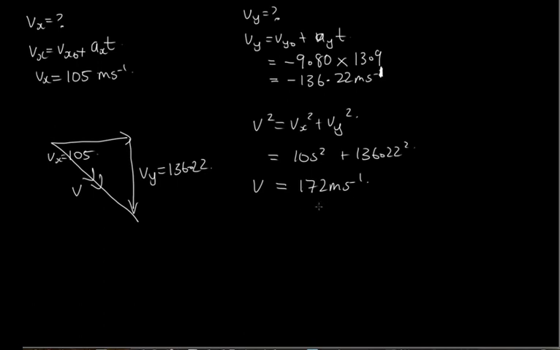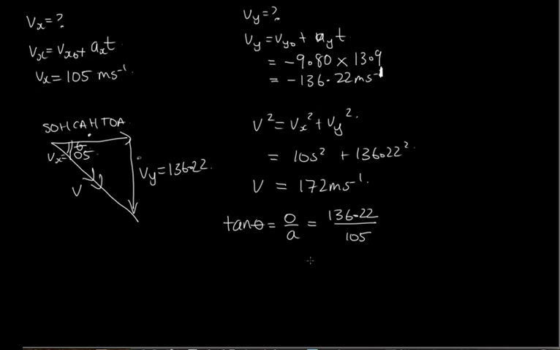But now we've been asked to find a velocity, so we do need to give a direction as well. We're going to need to work out this angle. Remember SOH CAH TOA. In this case, we know the adjacent side and the opposite side, so we're going to use tan. Tan theta is equal to opposite over adjacent, which is equal to 136.22 over 105.